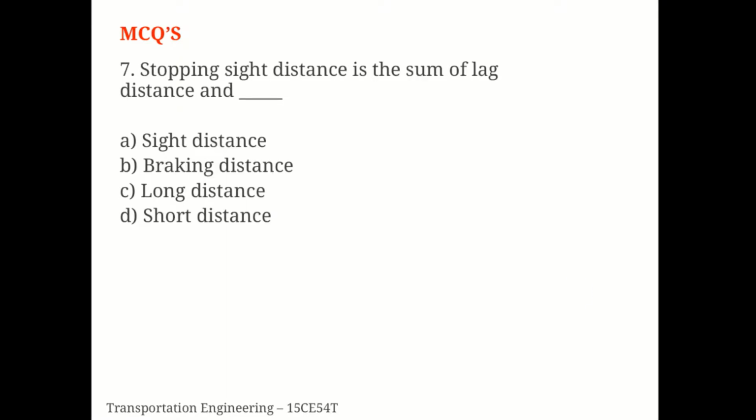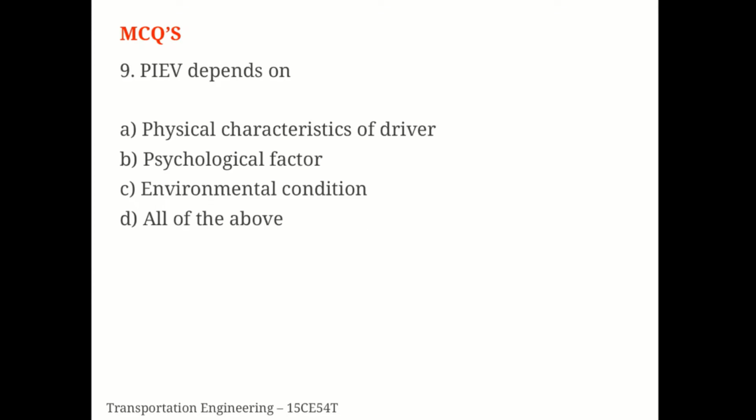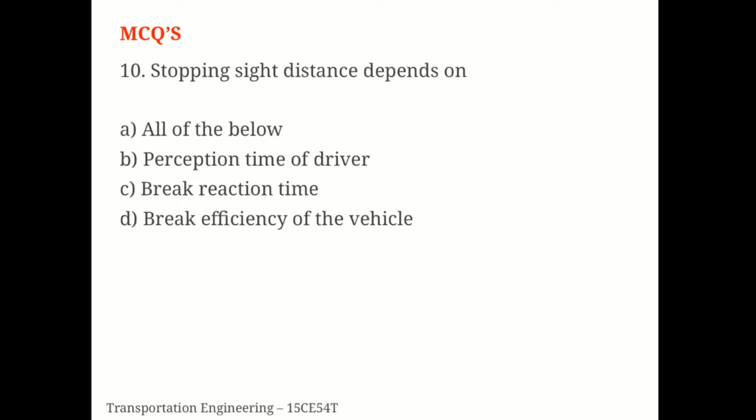Stopping sight distance is the sum of lag distance and? If the vehicle's wheels are fully locked, preventing them from rotating, then the efficiency of the brakes is known as? PIEV depends on? Stopping sight distance depends on?